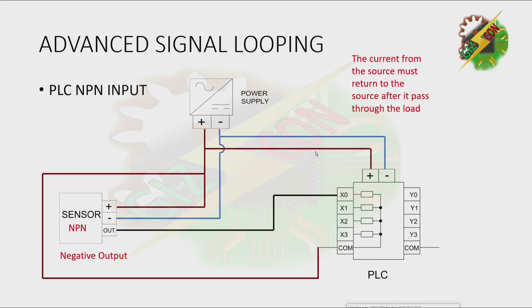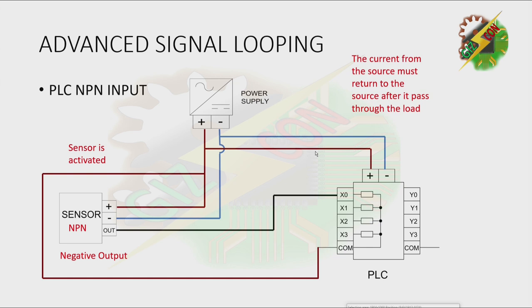For advanced signal looping, let's try a PLC NPN input together with the sensor. This current is for energizing the sensor and the PLC. Let's say that the sensor is activated.